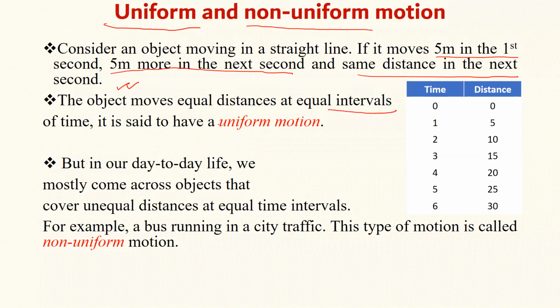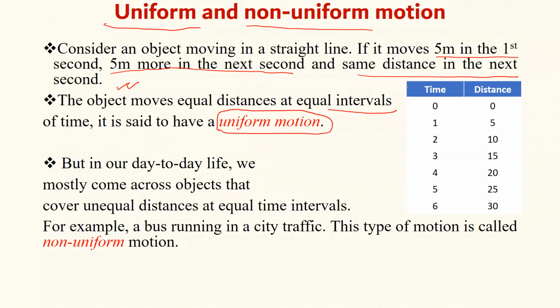Such a motion is known as uniform motion. That means a motion in which a given object travels equal distances at equal intervals of time. Such a motion is known as a uniform motion.